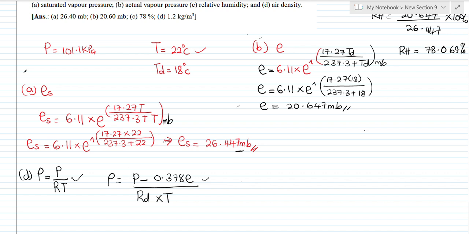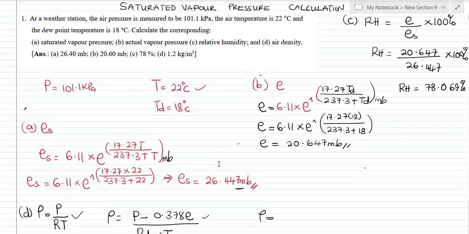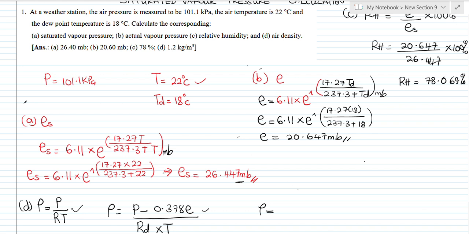So taking the first equation, the density of the air is equal to, in the question they give us the air pressure, right? So the air pressure over the ideal gas constant times the temperature of the air in Kelvin.